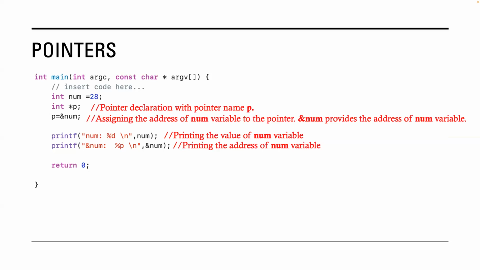However, here I'm putting the percentage mark P in the second printf, because here I'm printing an address. So addresses are hexadecimal values. Therefore, I have to use this P parameter.